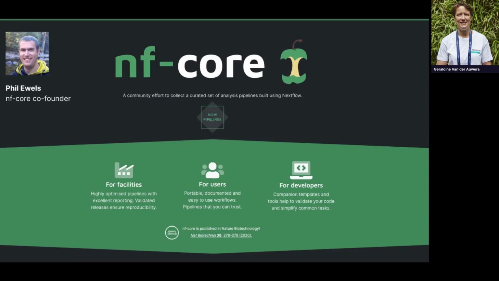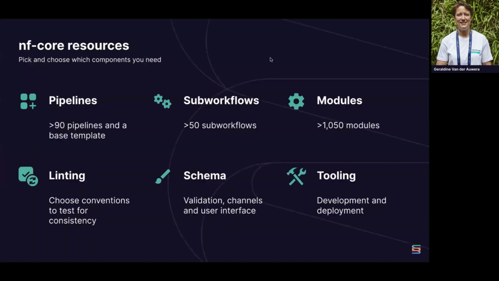So having set that context, let's talk about what's actually in the box. This is a very high level overview of the kinds of resources that NF-Core provides. I would say there's kind of two types, right? At the first row, you have pipelines, sub-workflows, modules.